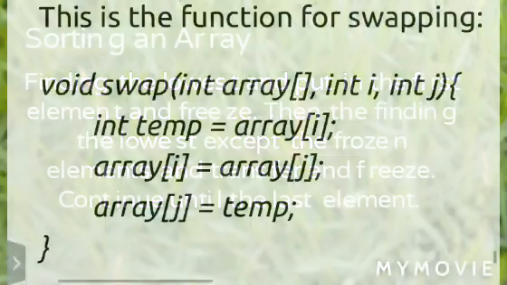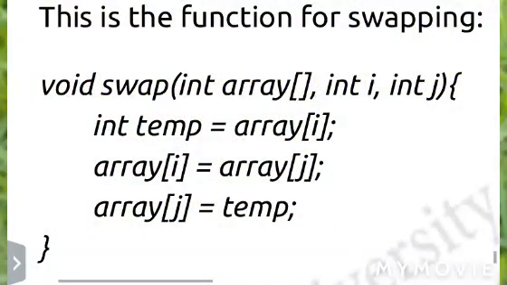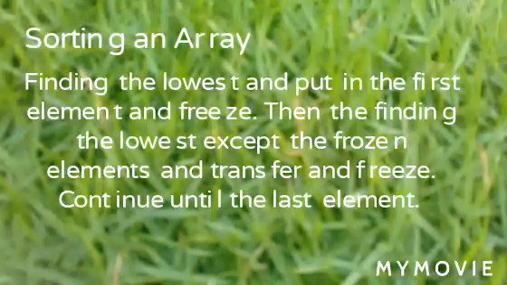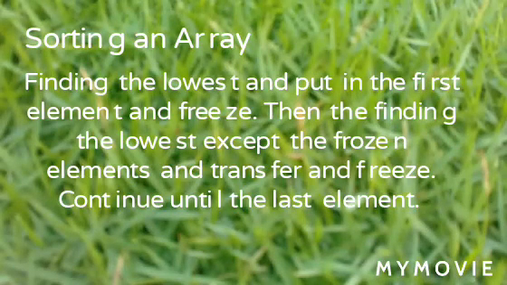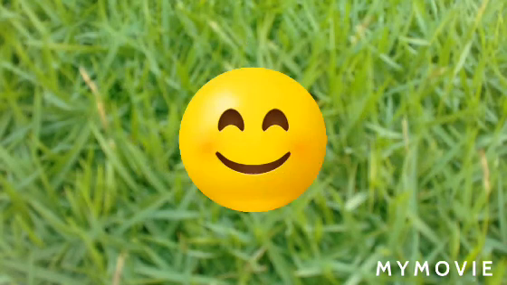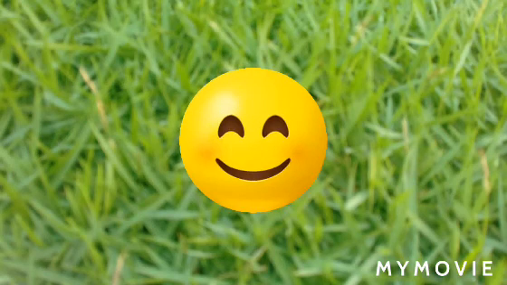So this is the function for swapping. Just copy it if you need to swap certain values in an array. Okay, no need to discuss this one. If you remember the iterative Fibonacci, you will know the purpose of the temporary variable temp. Now let's go to assignment number 8.